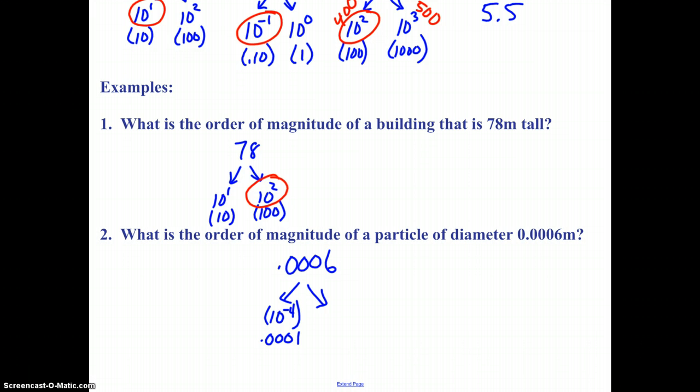So the one larger than that is 10 to the negative 3, which is 0.001. 6 exceeds the halfway cutoff point, so we round to the next highest power of 10, which would be 10 to the negative 3. We'll have much more practice with all these concepts here at the beginning of the course, and so more to come.